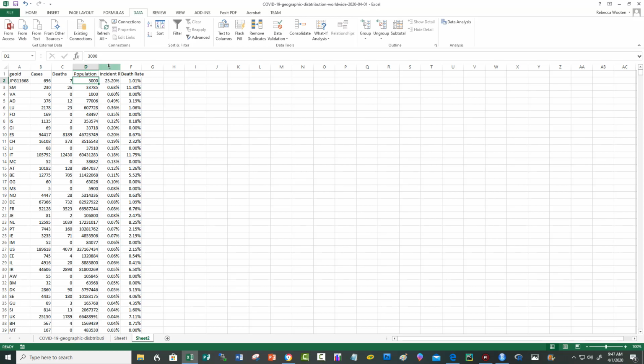Almost a quarter of their people have been infected with this virus. And then the next incident rate is quite small, but the population also jumped. So this population right here is really small, but they have only had 6 cases, none of which have died.